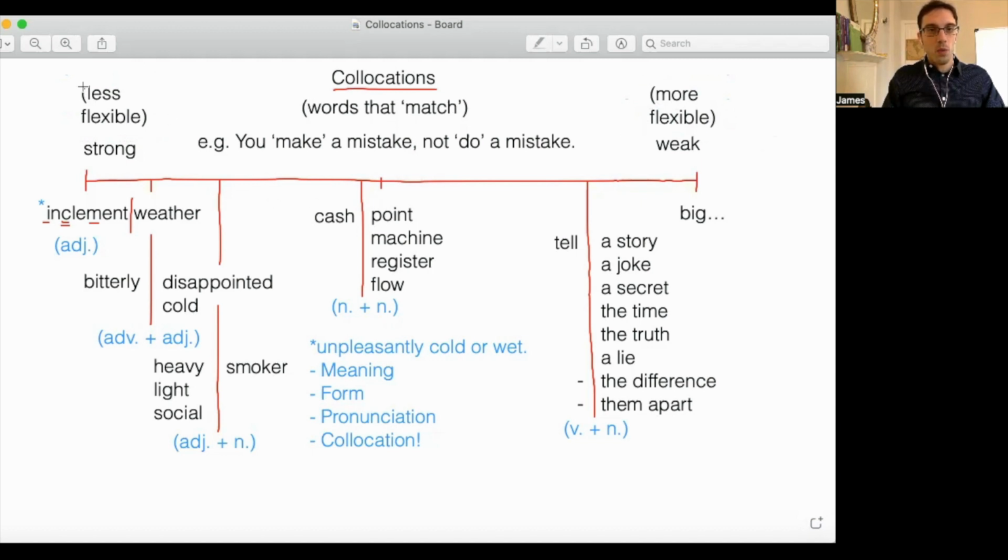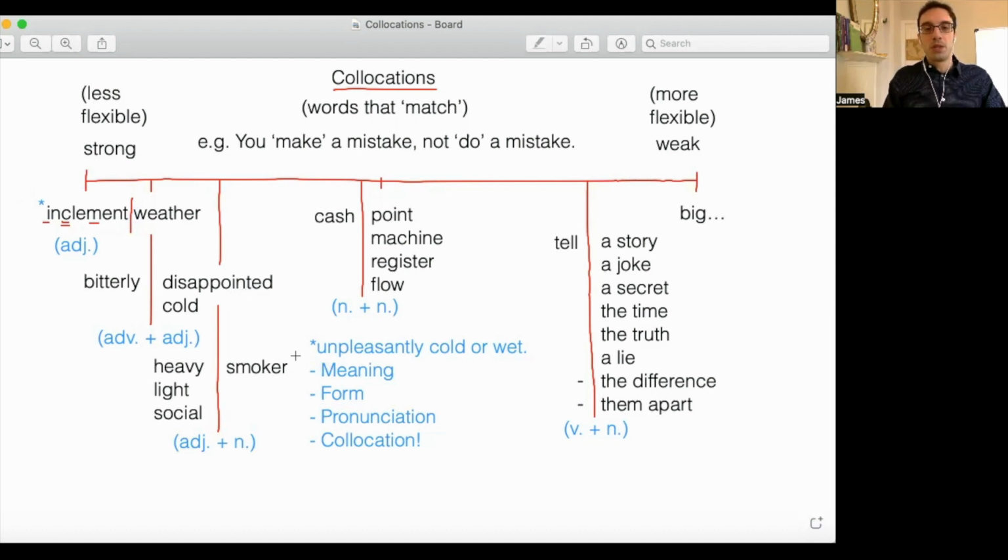So with a less flexible word, usually you'll find advanced words or uncommon words in this particular category. So one example is the word inclement. Now, I said in the welcome to your IELTS writing introduction that it's very good to keep a lexical notebook in which you can record new words, okay?